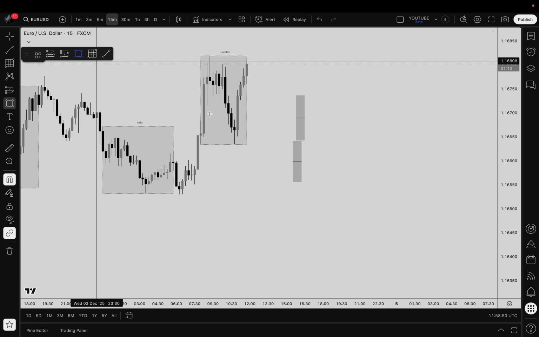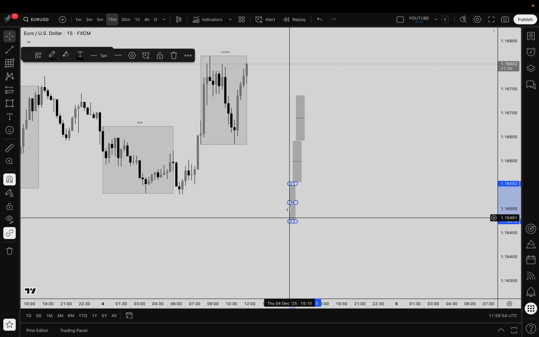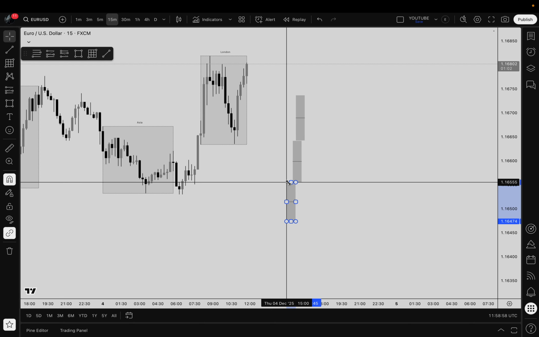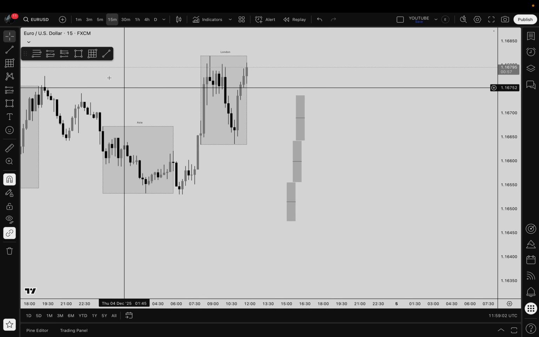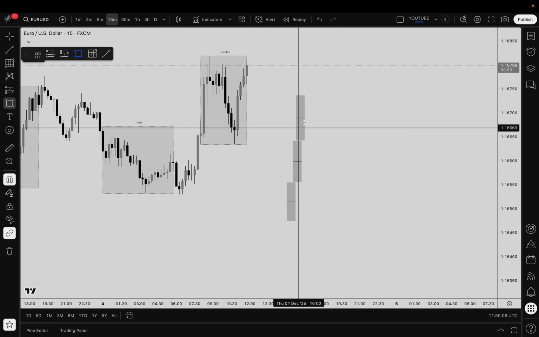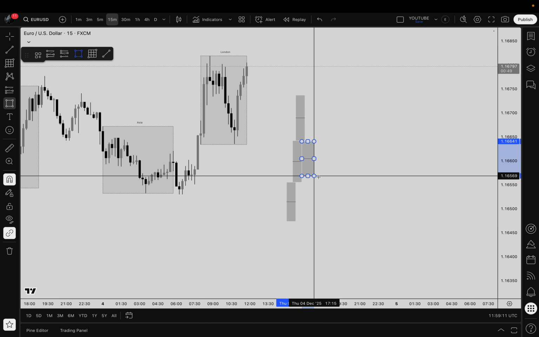Okay, and within this drawing I'll show you here. So we've got 3 candles moving upwards. So a fair value gap is literally the space between this candle and this candle. Okay, it leaves an empty space in here. It's a gap.